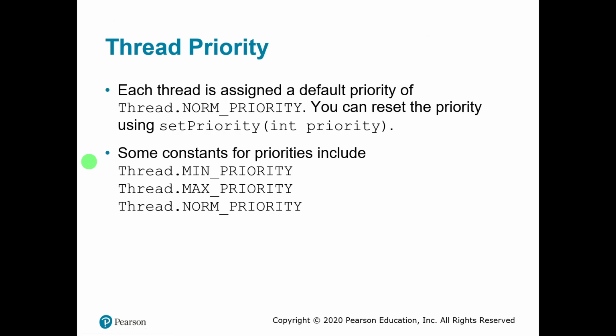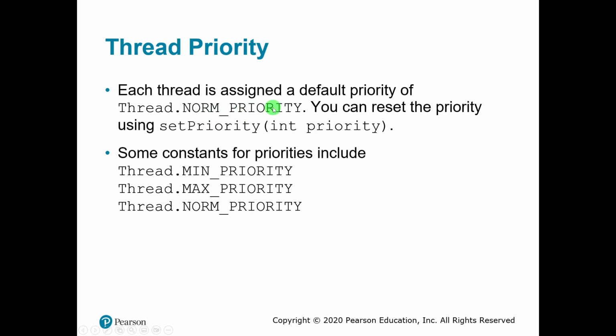Okay. And then here's another one. Each thread can have a priority. I actually did a demo of this, and I set the priorities, and you cannot see a difference for these small programs. Each thread has a default priority of Thread.NORM_PRIORITY. Technically the numbers are from 1 to 10, I believe.